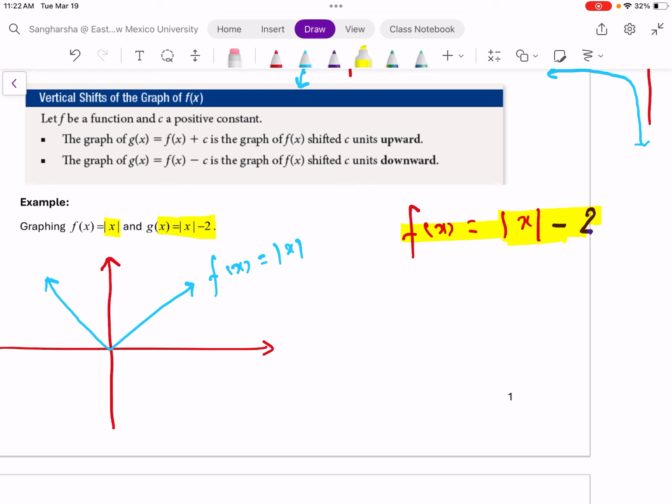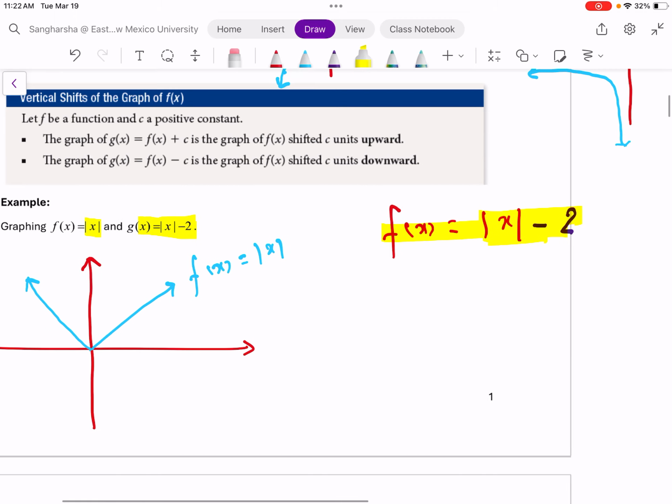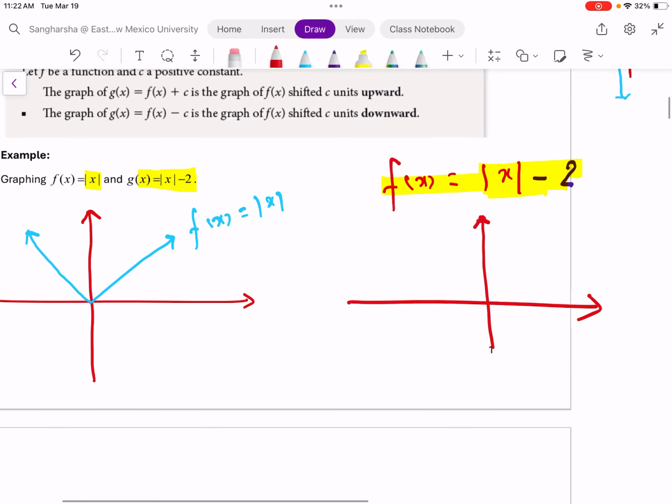The graph is shifted down by 2 units, right? So when you plot a graph for this function, we're going to get the exact same graph, but the graph is shifted down by 2 units. Let's say this is -1, -2.